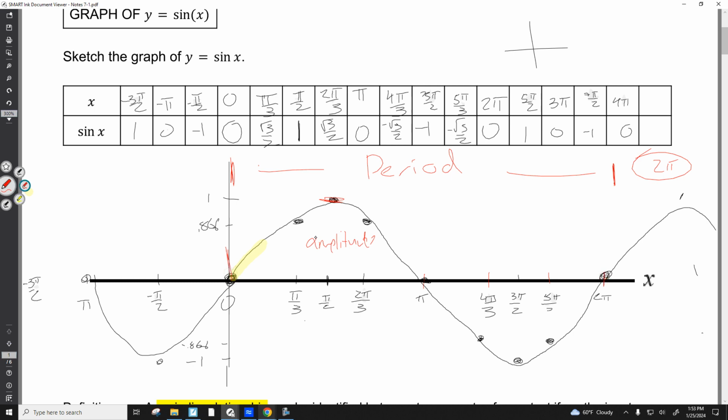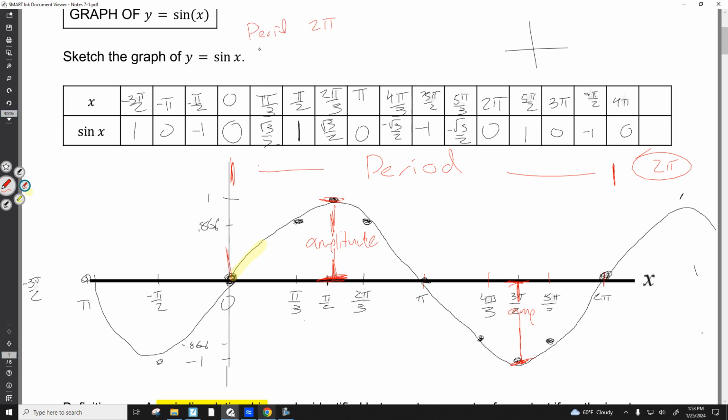The amplitude is like the height that we go up or the height we go down. This would be considered the amplitude. This would also be considered the amplitude. We would call the amplitude for this graph 1. It goes up 1, it goes down 1. Okay, so the period of this graph is 2 pi.